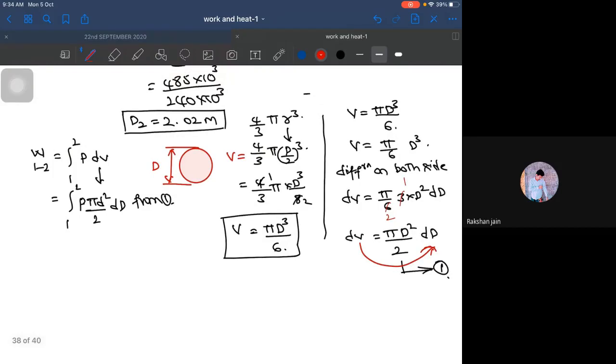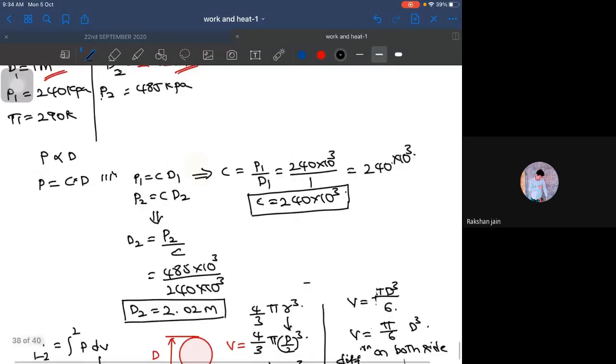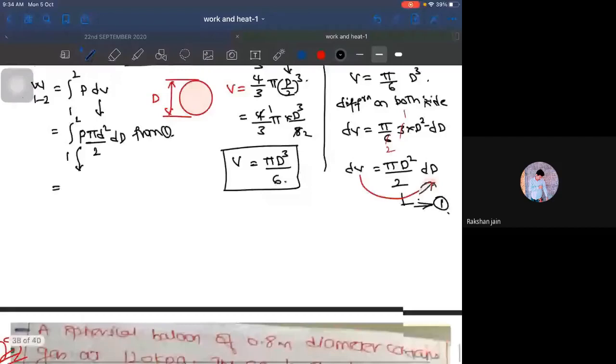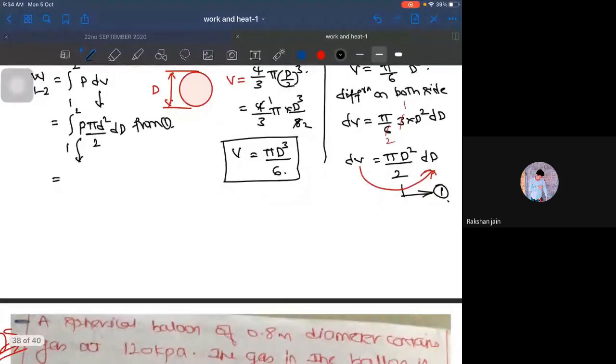Okay. Now this is equals to further. Here, what is P? P is nothing but C into d. We'll take that because all the things will be in diameter so that it will be easy for me to integrate it.